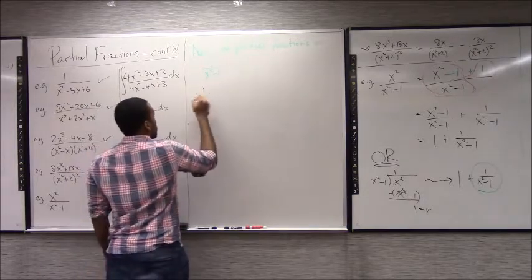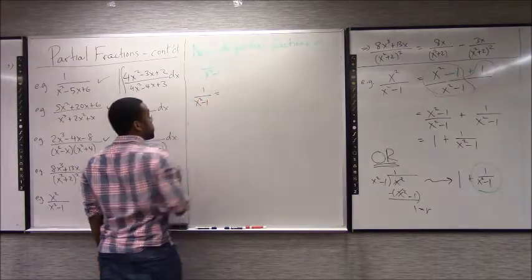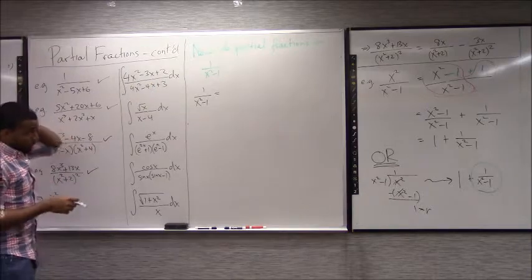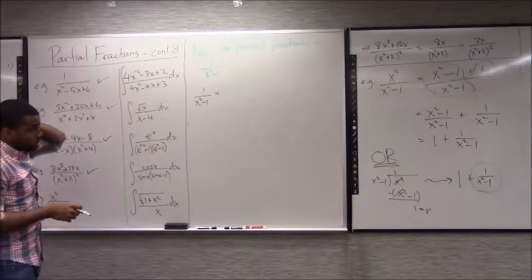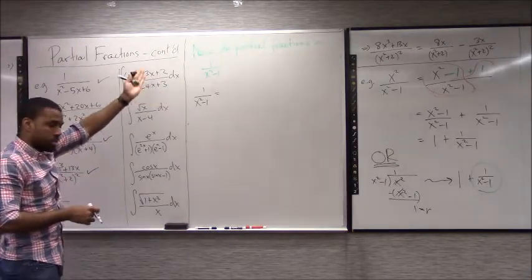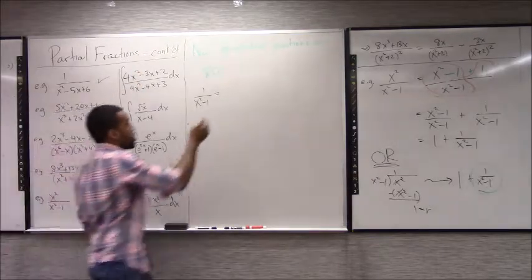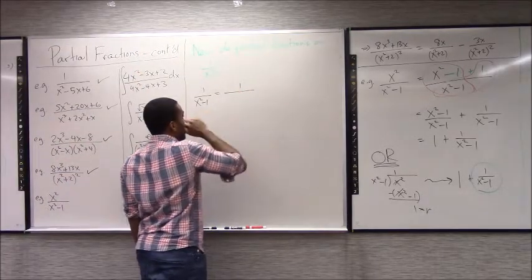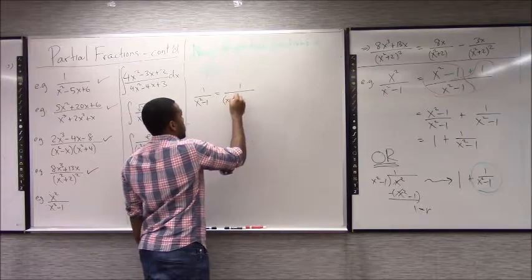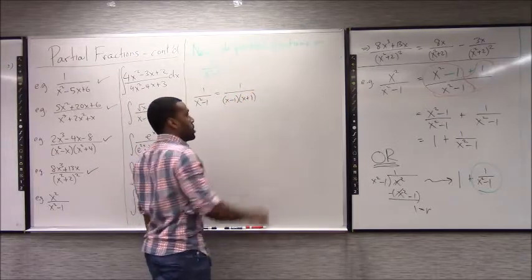And so 1 over x squared minus 1 would be equal to, the numerator has power 0, the denominator has power 2, so that this can work. So we factor the denominator, which will become x minus 1 times x plus 1.